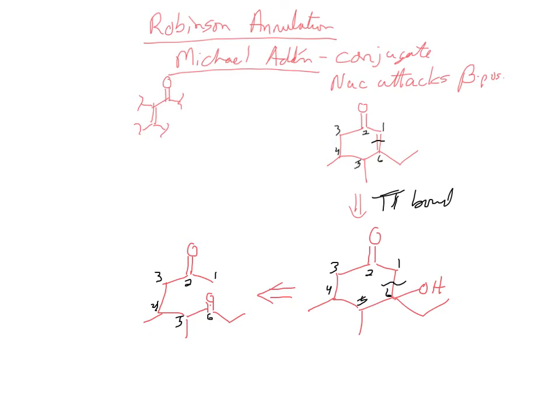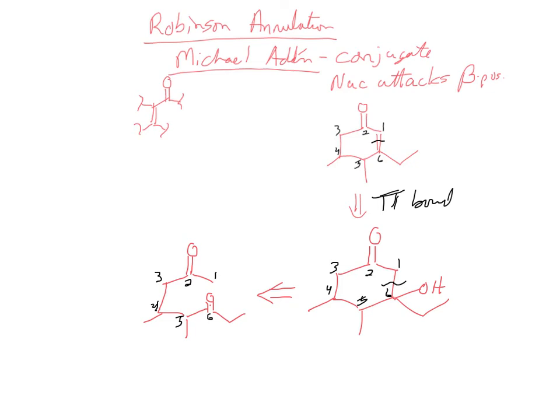If you're bonded to an oxygen, are you going to be delta plus or delta minus? Delta plus. So carbon 6 would probably have to be the electrophile. That means carbon 1 would have to be the nucleophile. So if you had a hard time seeing that carbon 1 is nucleophilic, take a look at carbon 6. Say, wait a second, carbon 6 is bonded to an oxygen. That's going to be delta plus.